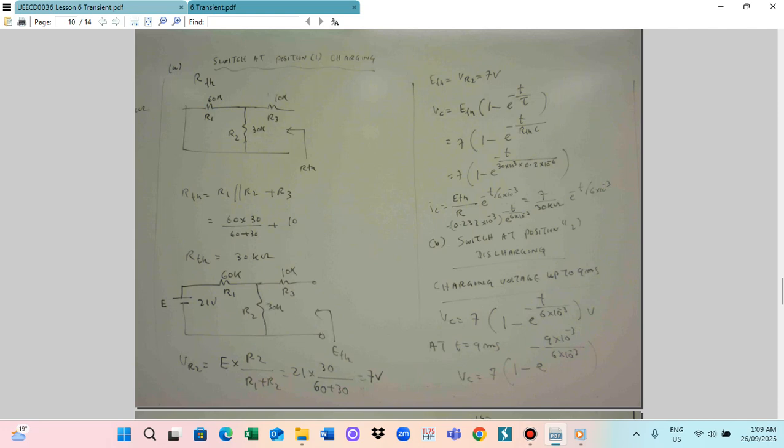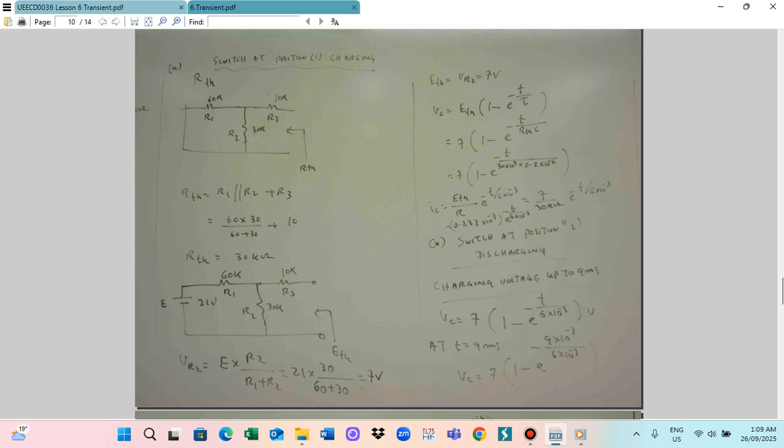So we substitute ETH as 7 volt here, 1 minus e power minus t by tau. Tau is RTH into C. So this is 7 into 1 minus e power minus t divided by RTH, to be substituted here: 30 into 10 power 3, multiplied by the capacitor value of 0.2 microfarad, 0.2 into 10 power minus 6.